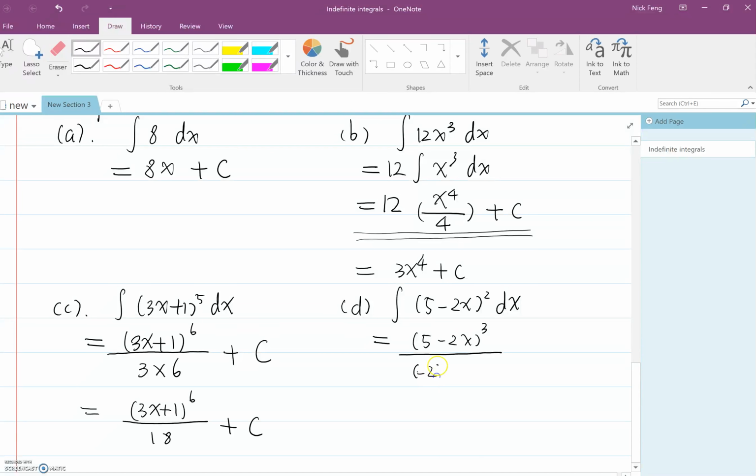So make sure you write negative 2 multiplied by 3. And again, don't forget plus c, because that is the line where you finish your indefinite integral. In this case, you may write it as negative 1 on 6 outside, 5 minus 2x to the power of 3 plus c. You can also write negative 5 minus 2x to the power of 3 over 6. It's your choice.